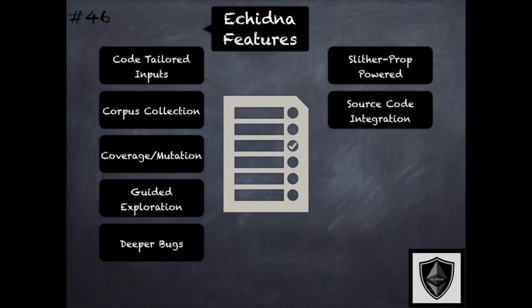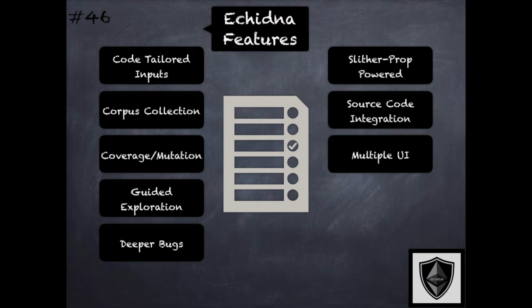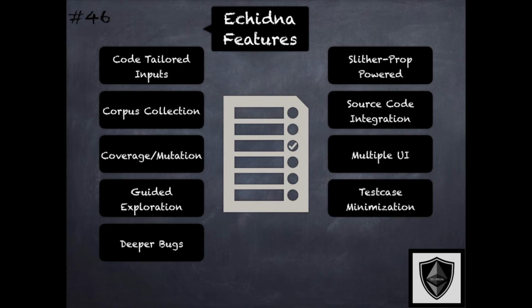It has source code integration to help identify which lines are covered after the fuzzing campaign. It has support for multiple user interfaces, automatic test case minimization for quick triage, and finally seamless integration into the development workflow, among other things.